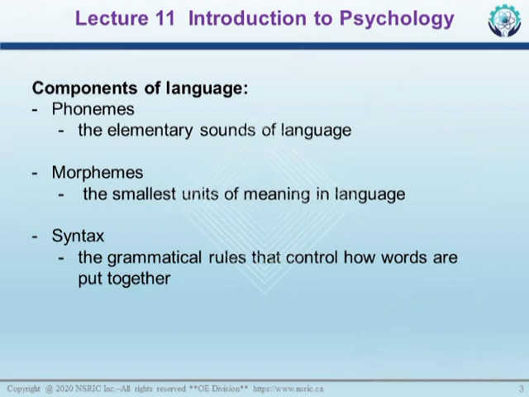So, it's important to note that words do not possess fixed meanings and change their interpretation as a function of the context in which they are spoken. So we use contextual information, the information surrounding language, to help us interpret it. And so this becomes very important.